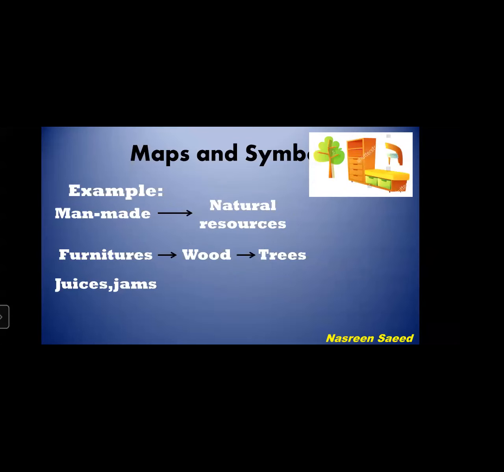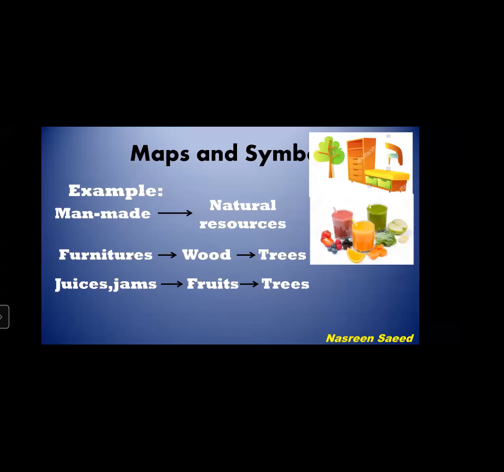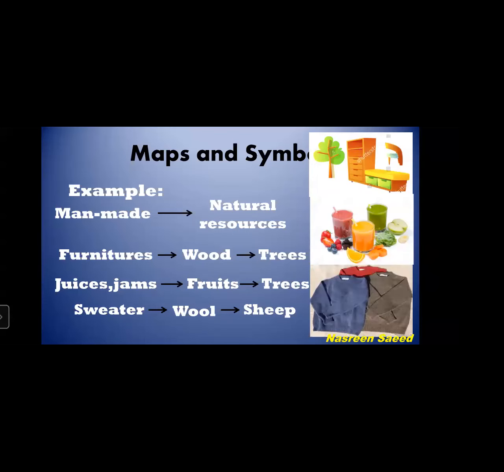Then juices and jams we get from fruits, and these fruits come from trees, again natural resources. Juices and jams we can make, but using fruits from trees. In the winter we wear sweaters. This sweater comes from wool, and from where does this wool come? It comes from sheep, and this is also a natural resource.